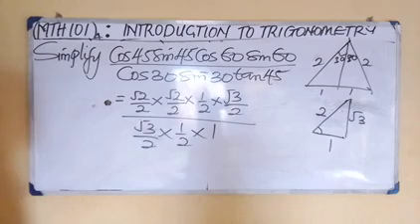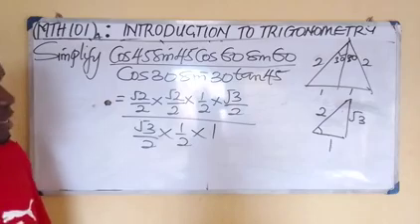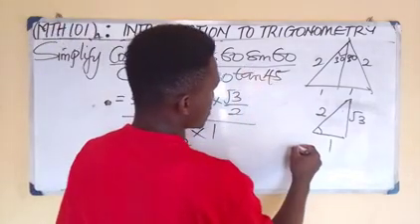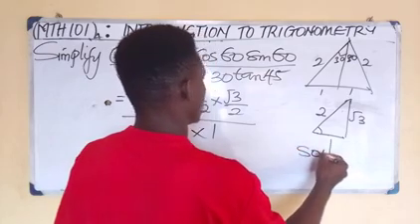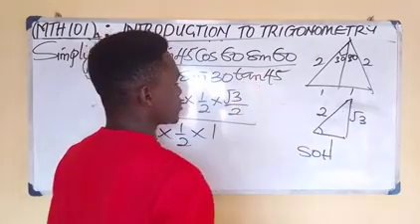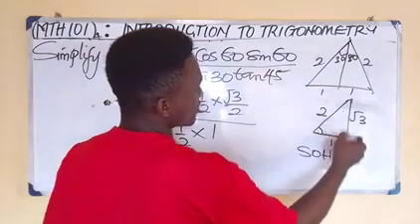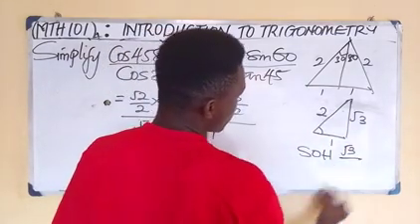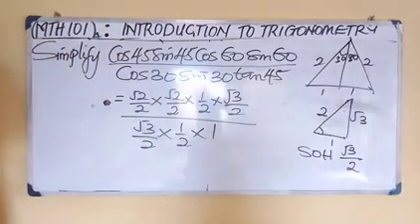Tan 45. What was causing the issue just now? Is it tan or sine? Sine 60, sine, that is opposite, root 3 over hypotenuse 2. Yeah, that is correct. Voila.